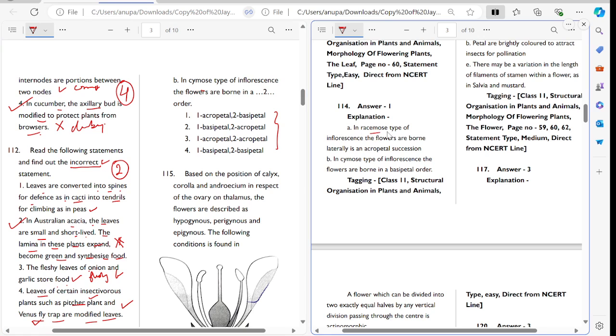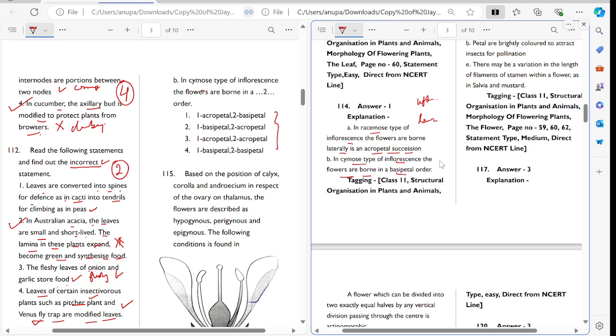So in racemose type of inflorescence, the flowers are borne laterally in an acropetal succession. Acropetal succession means mature flowers will be at the lower side and the young or new flowers will be towards the upper side. Whereas in cymose type of inflorescence, the flowers are borne in basipetal order.